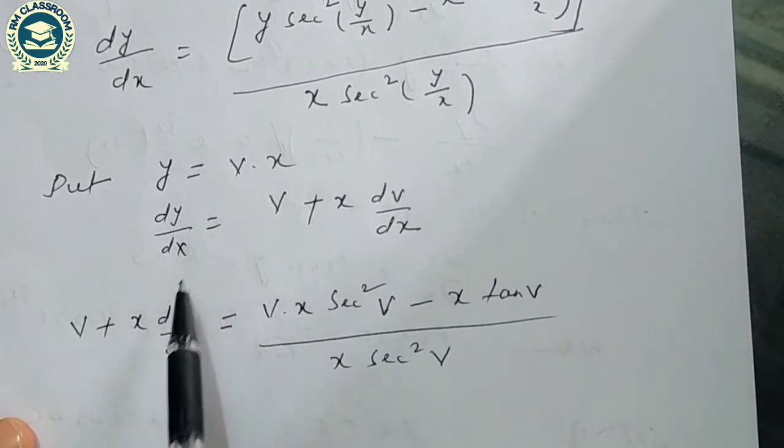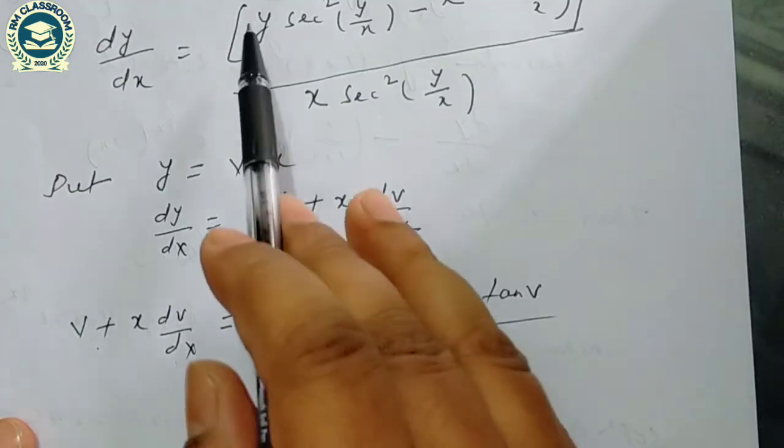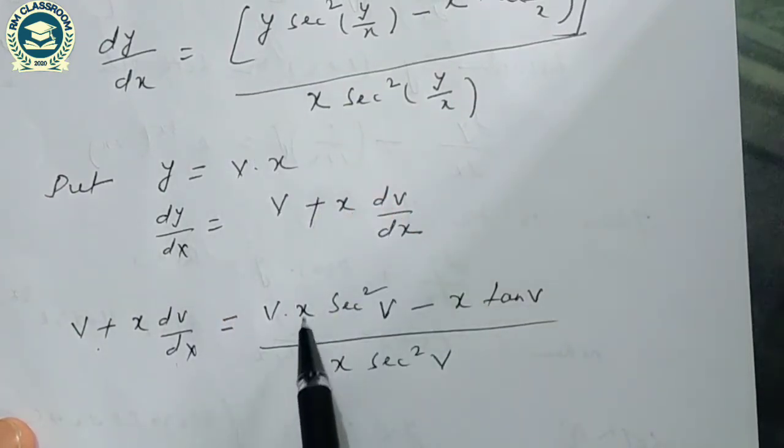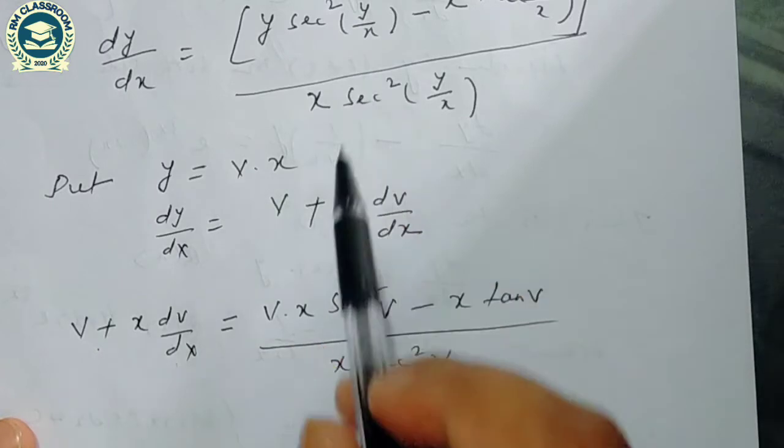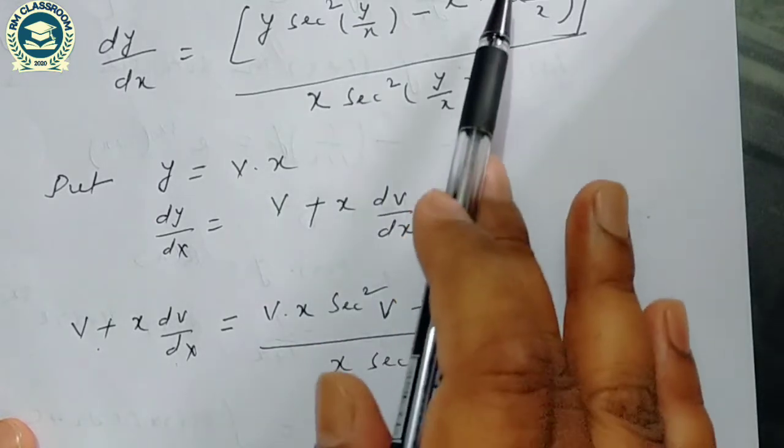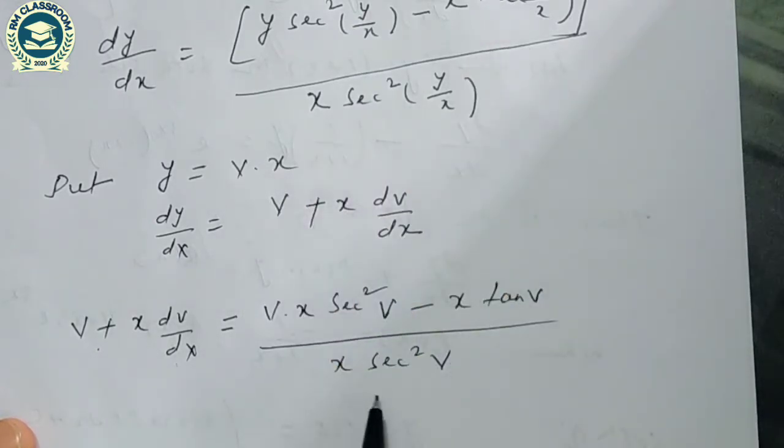Since y is equal to vx, sec square y by x is sec square v, and tan y by x is tan v.